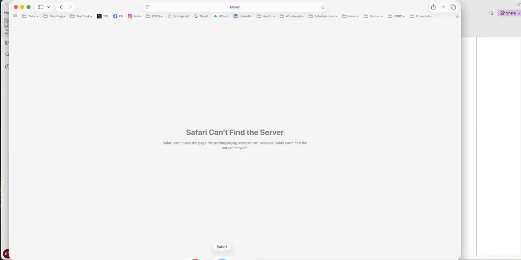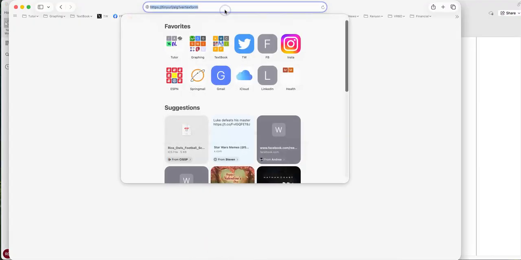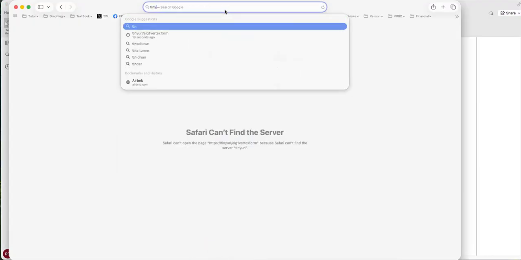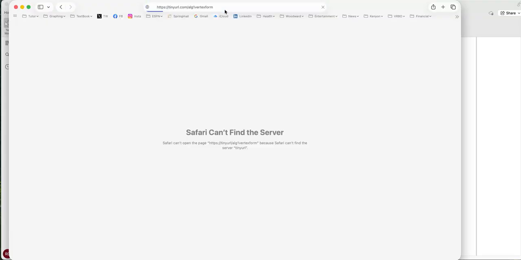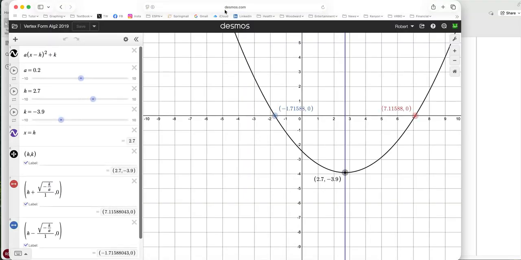Why am I not getting that to work? Let's try it again. tinyurl.com/Alg1 vertex form. There we go.